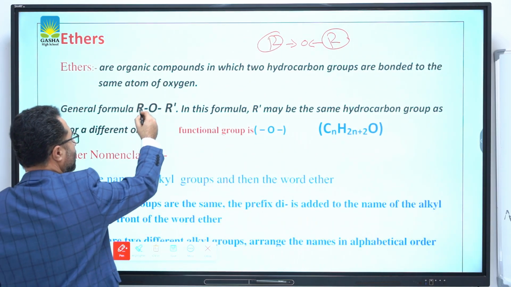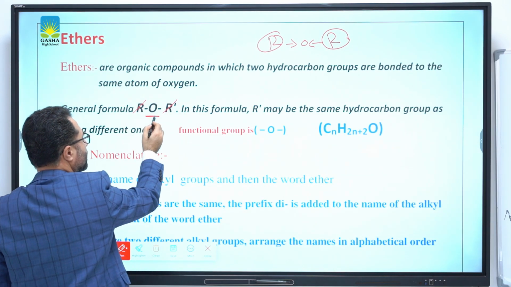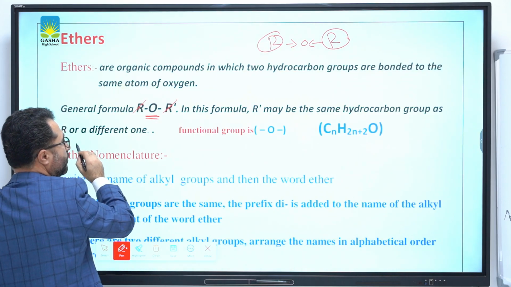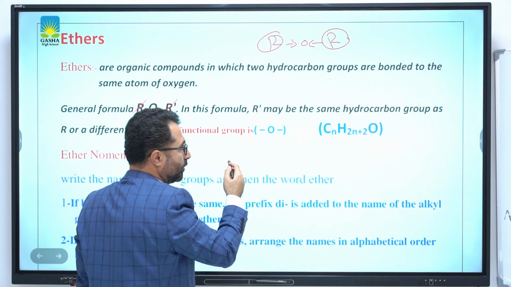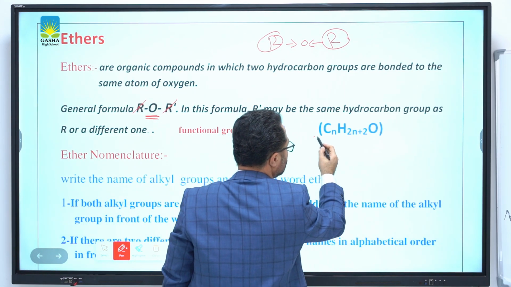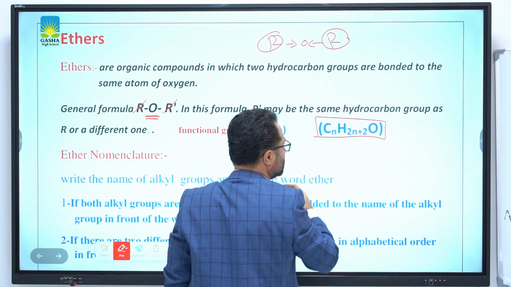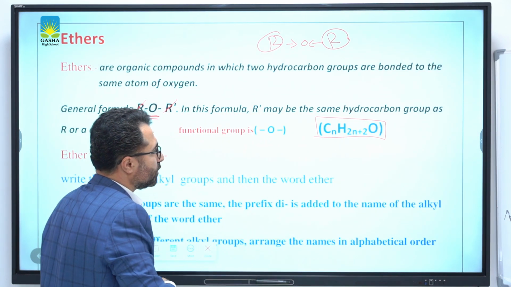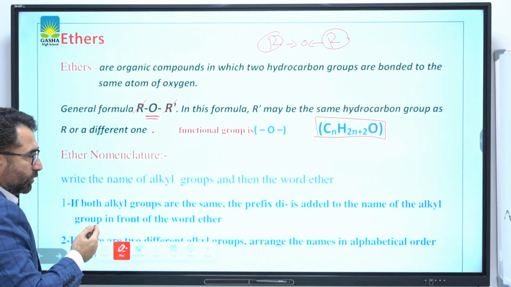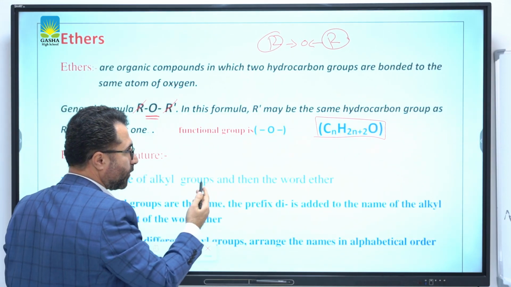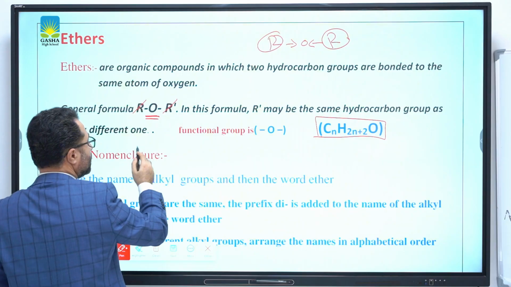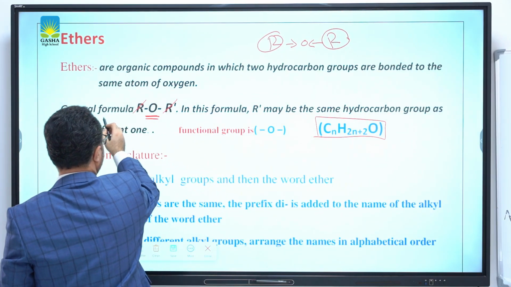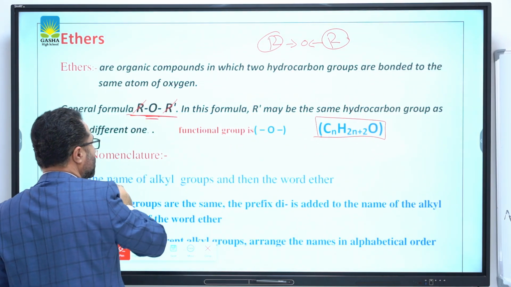If you remove the R's, the remaining atom will be the functional group. It has the same number of carbon and hydrogen as alcohol, CnH2n+2O. The general molecular formula of alcohols and ethers is the same, but the general formula of ethers is ROR. Remove the R's, the O remains.